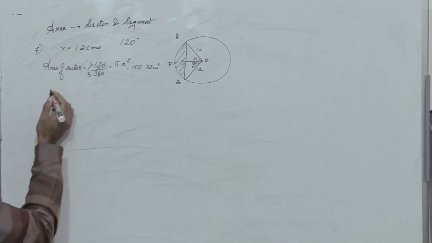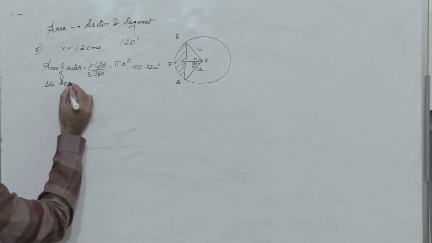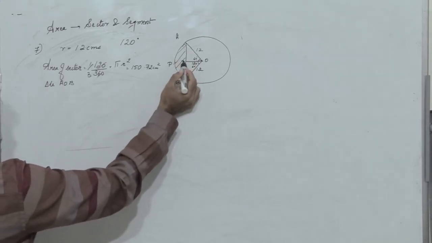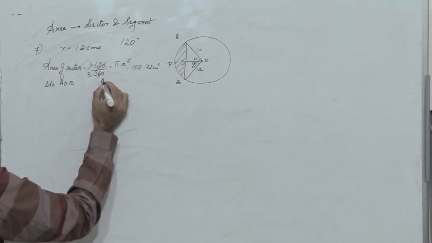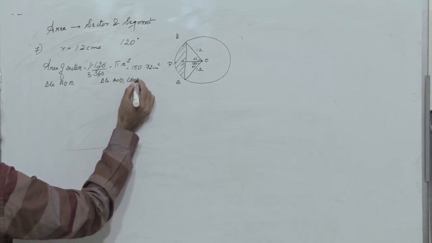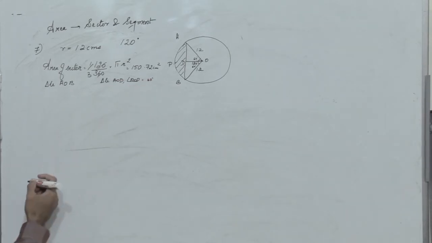So now let us consider triangle AOB, right? Considering triangle AOD, angle AOD is definitely 60 degrees, okay?